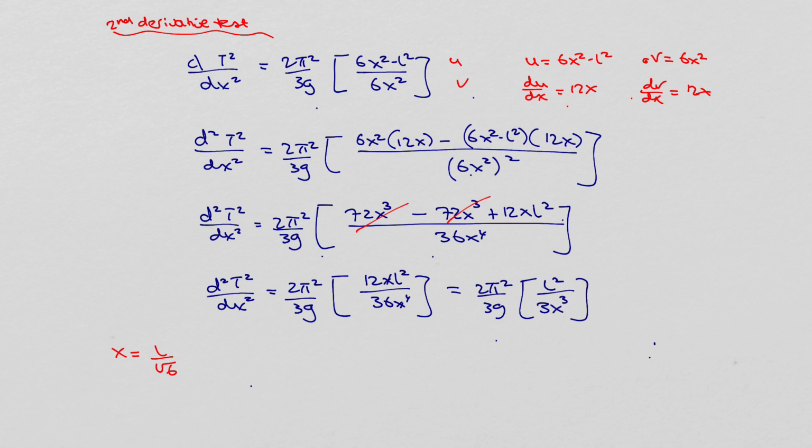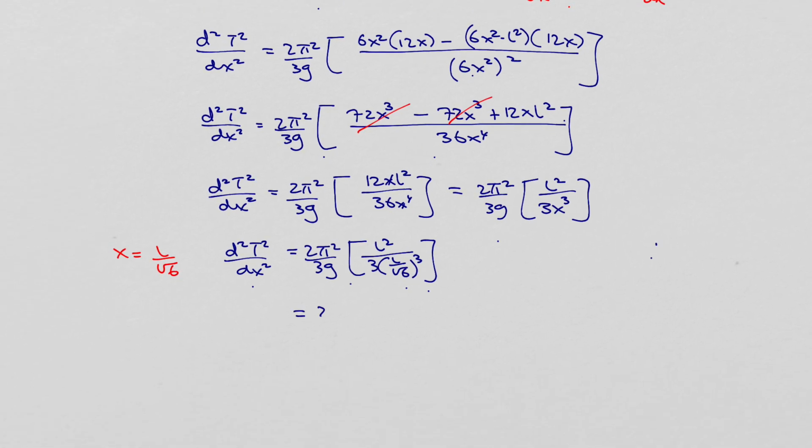So if x is subbed into that, we're clearly going to get a positive number because 2 pi squared over 3g is positive. L squared is a constant, and then it's 3 times L over root 6 cubed, which is equal to 2 pi squared over 3g times L squared over root 6 L cubed over 12.